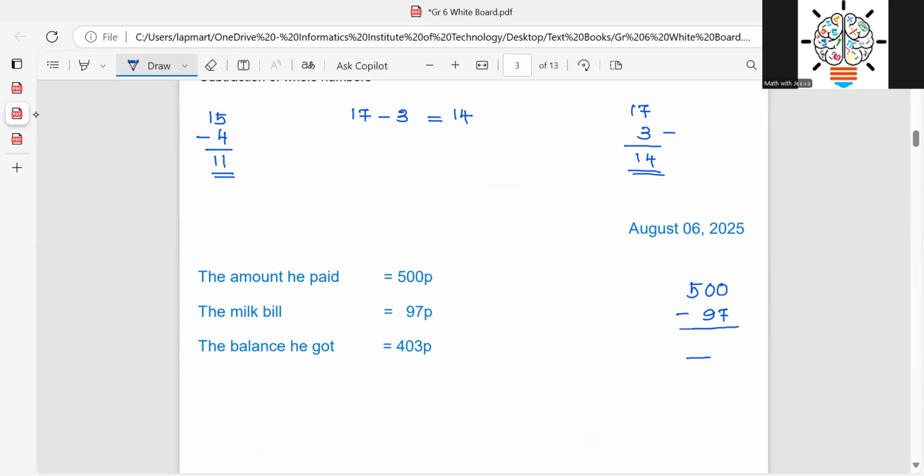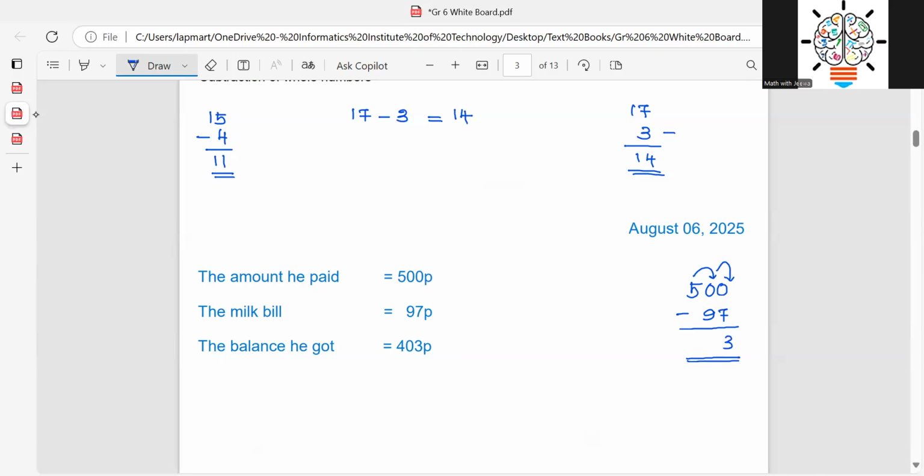Can I do that? No, I can't. I want to borrow from the next door. But when I try to borrow from the next door, it is also 0. Therefore, I start from this one, that it comes here, then it comes here. Then this becomes 10. 10 minus 7 is 3.